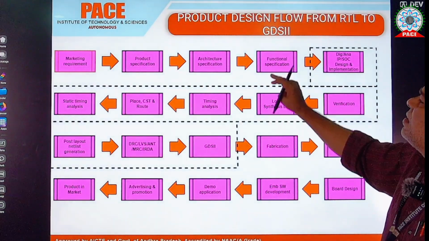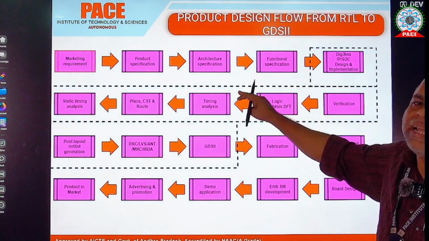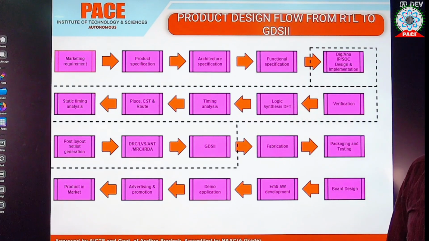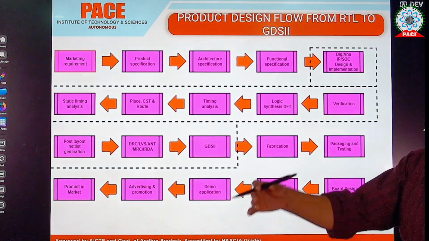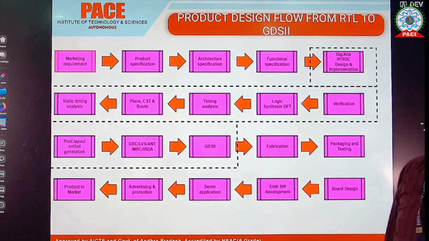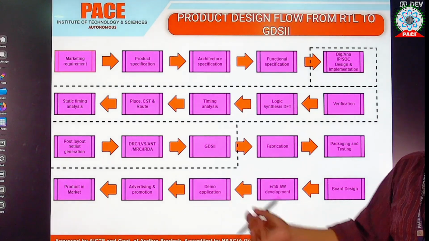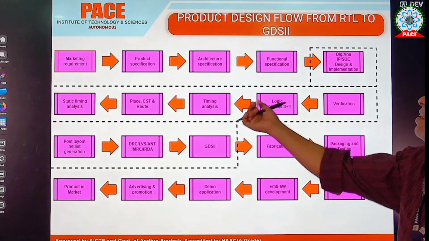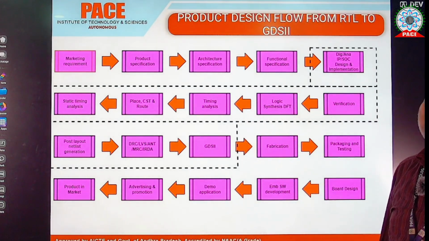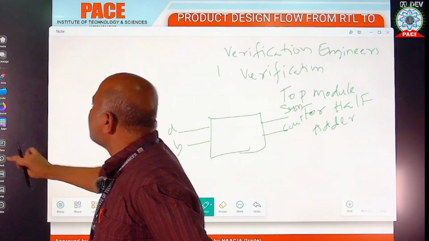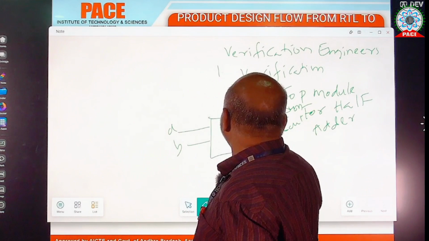For example, previously I just described the 8-bit comparator. What is an 8-bit comparator? It has inputs A and B, and a comparator.